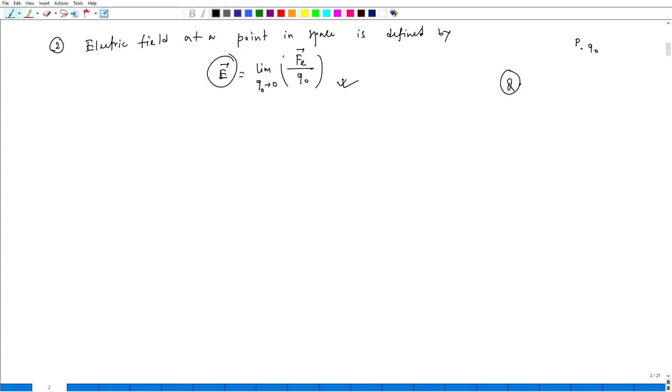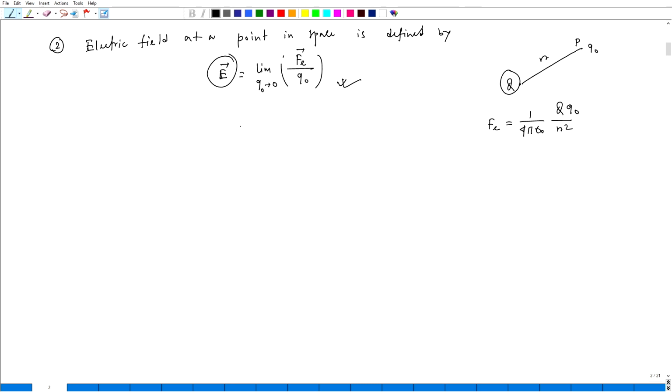So in this way, the electric field at a distance r. Once we know the force Fe, we write Fe is 1 over 4 pi epsilon naught, capital Q times q naught over r squared. Now divide by q naught and take the limit q naught tends to 0.